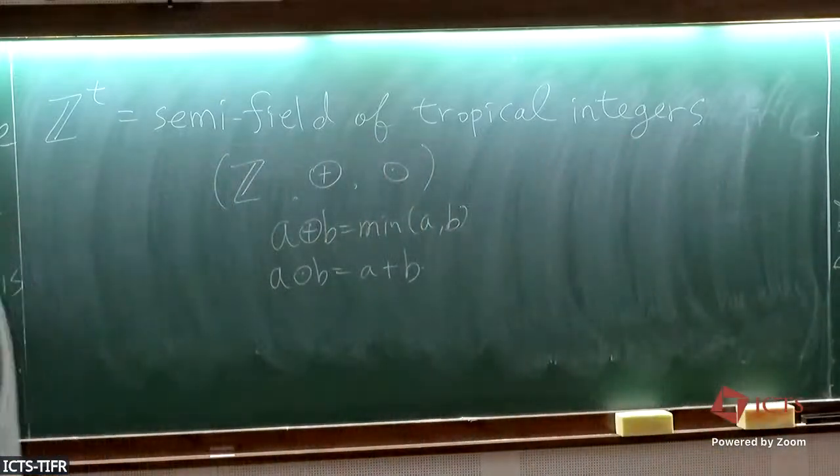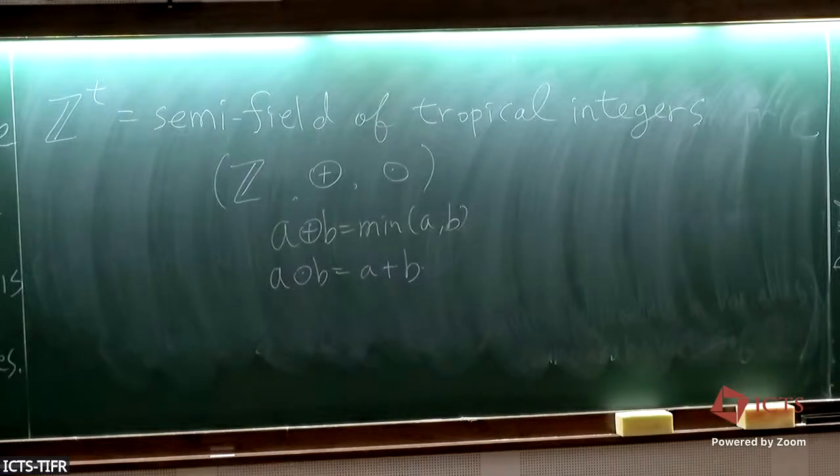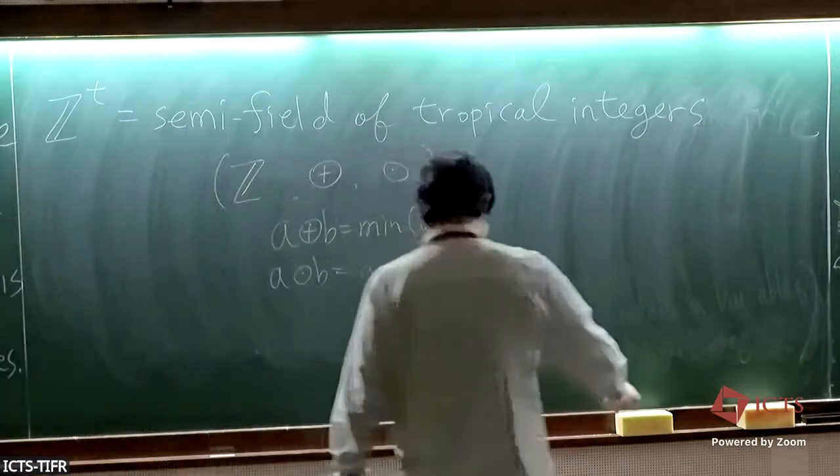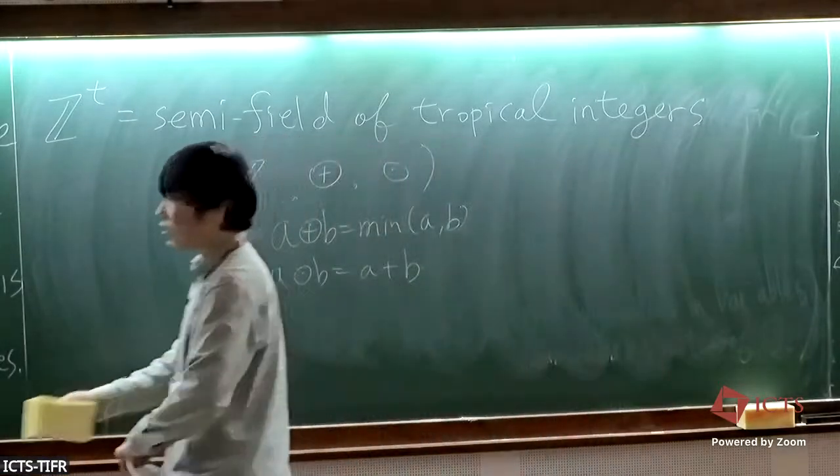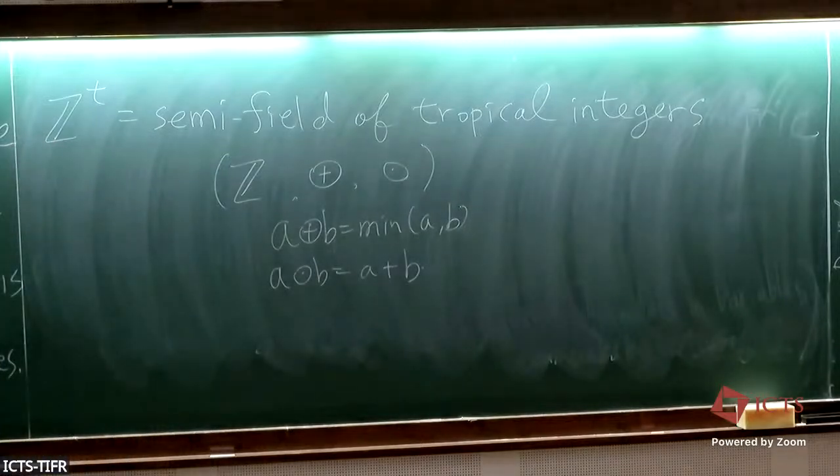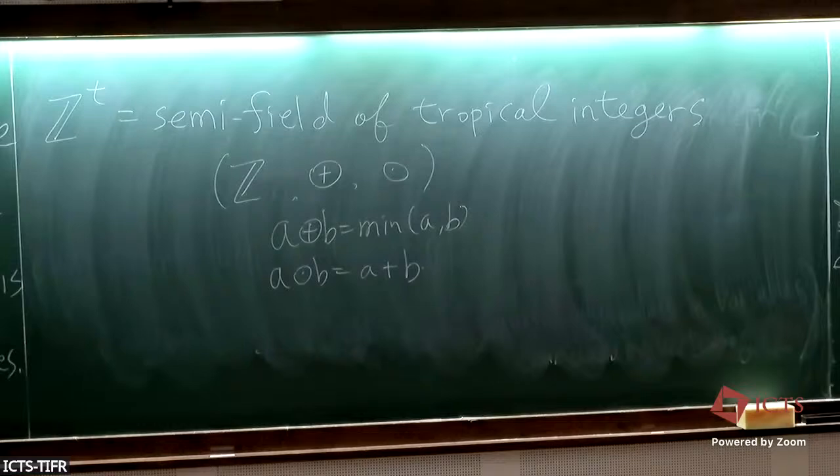It's a semi-field, and you can evaluate at a semi-field in the sense that, so the usual cluster A variety we obtained by using copies of tori along cluster A mutation maps. Now we glue copies of Z^T to the M along tropicalized versions of the A mutation maps. And this is possible only because the cluster mutation maps do not involve subtraction. So if you go back to your notes, you see no subtraction in the formula.